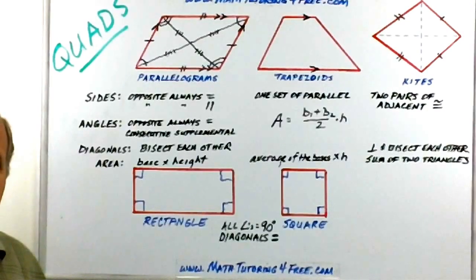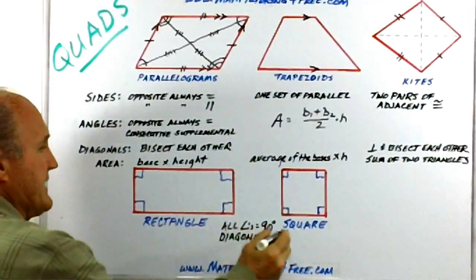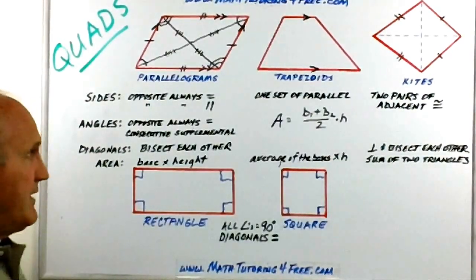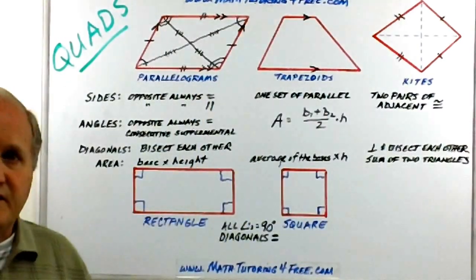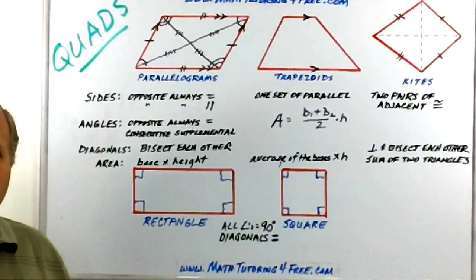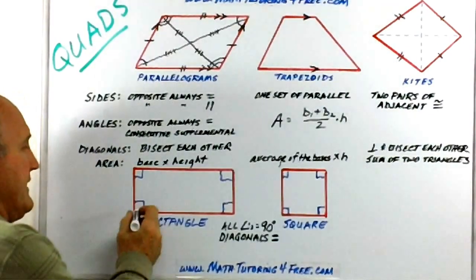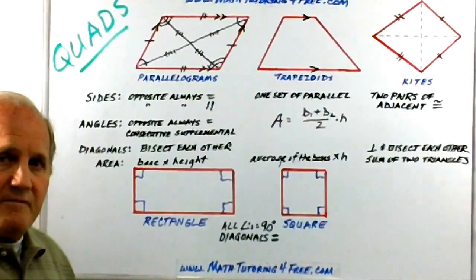Now, there's also an issue with special parallelograms, and that's the rectangle and the square. They are parallelograms. So everything we said about parallelograms is true also for the rectangle and the square. The difference with the rectangle and square, they have all right angles, don't they?